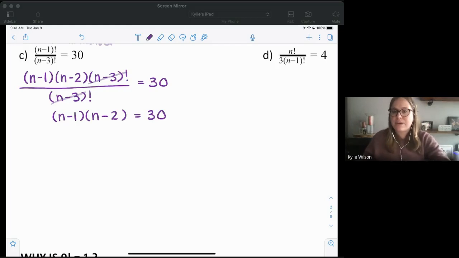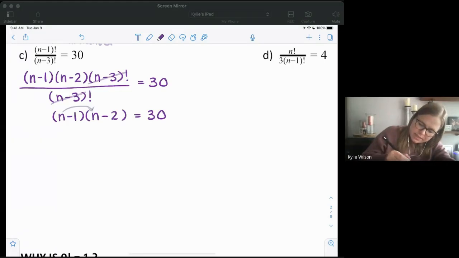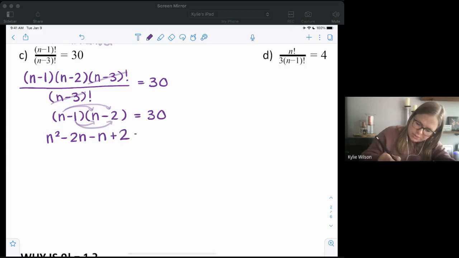This time around, I have a quadratic again. The reason I know this is a quadratic is that I have two n's being multiplied, which would give me an n squared. Because of that, I need to multiply this out because it needs to be equal to 0. So we'll have n squared minus 2n minus n plus 2.